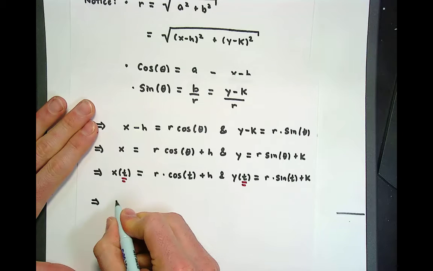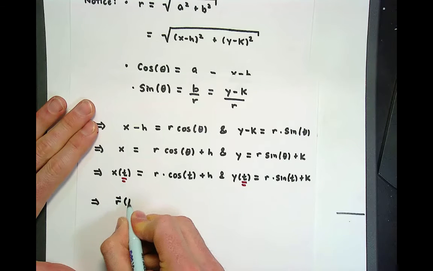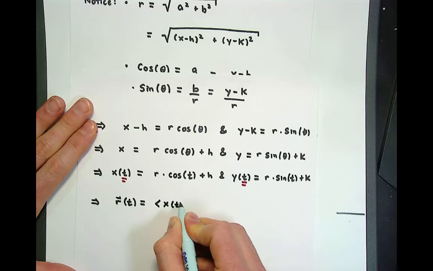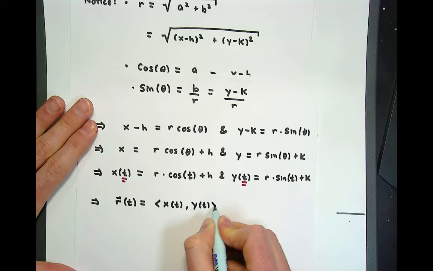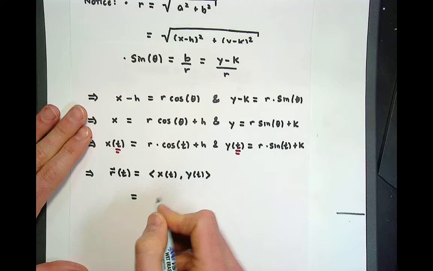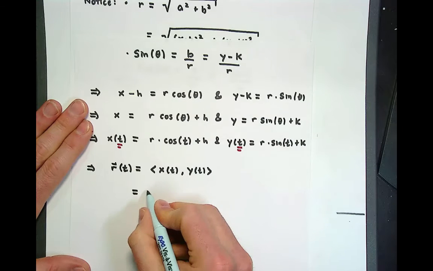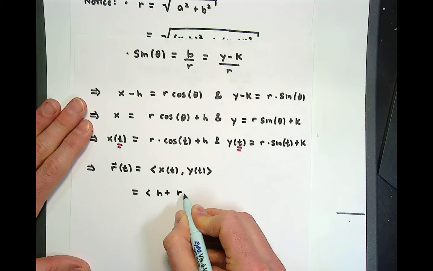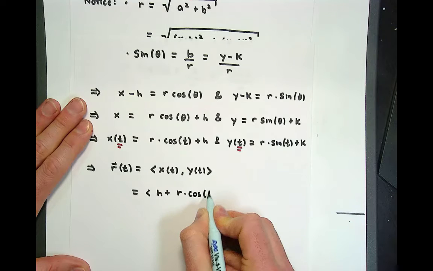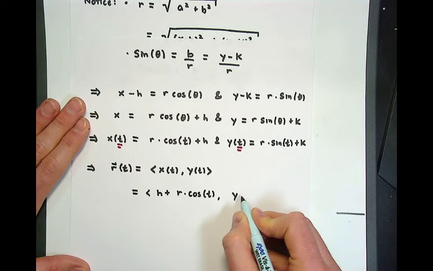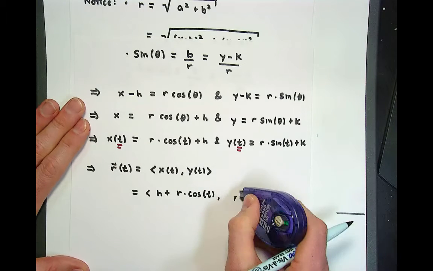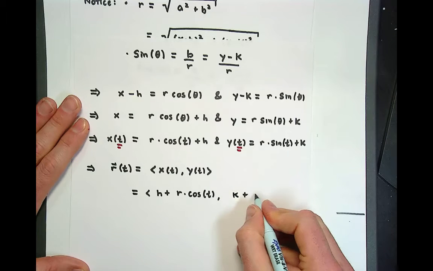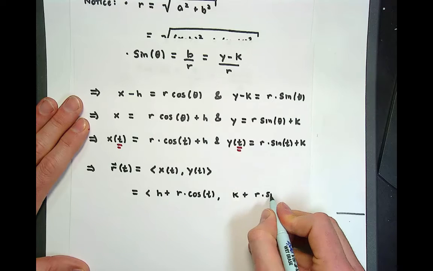And this immediately gives rise to a general vector valued equation for a circle, where this would be x of t, y of t. And then notice we would have something that looks like this. x of t was given by h plus r times cosine of t, and y of t was given by k plus r times the sine of t.